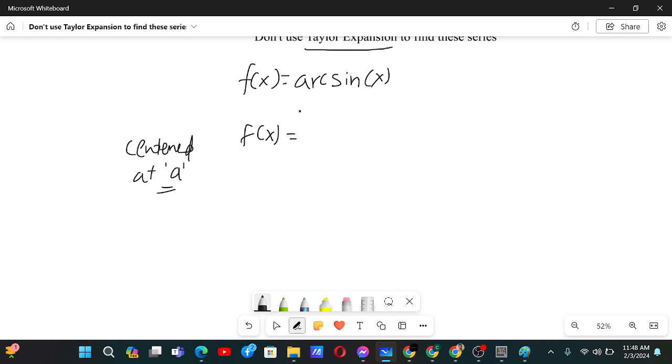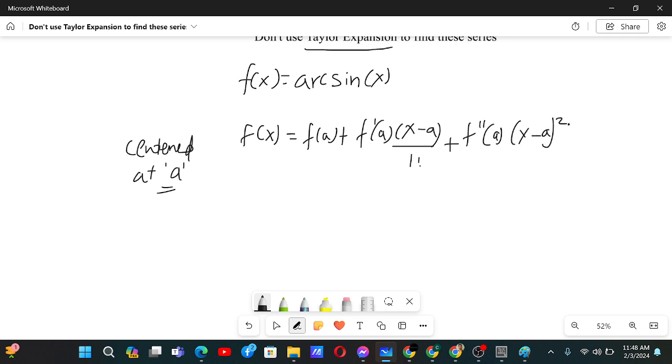So in that case, the expansion will be f of a plus f dash a times x minus a by 1 factorial plus f double dash a times x minus a whole square by 2 factorial, and this goes on.